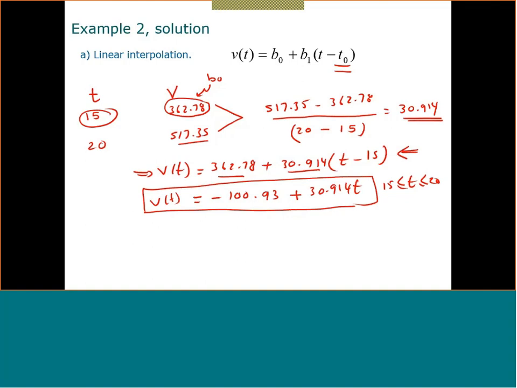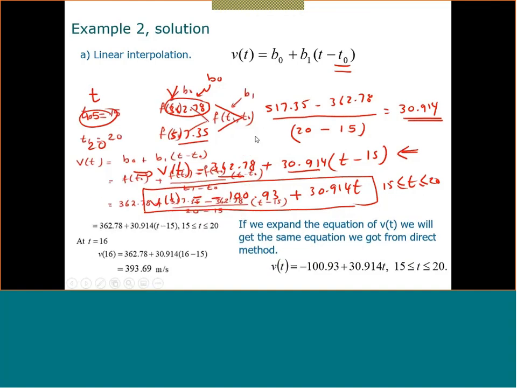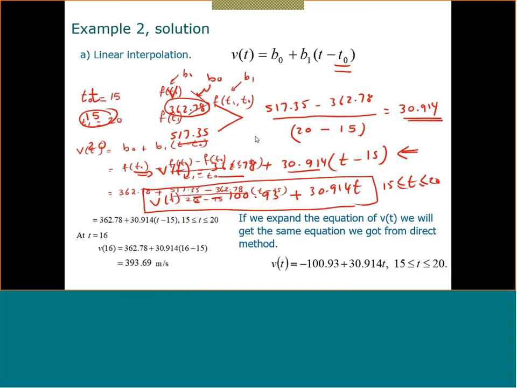This is absolutely correct, and this is actually the format in Newton's method. So you just keep it as it is. Okay, let's move on. Here we calculate the V of 16 using this formula, so we get the same answer we got before.